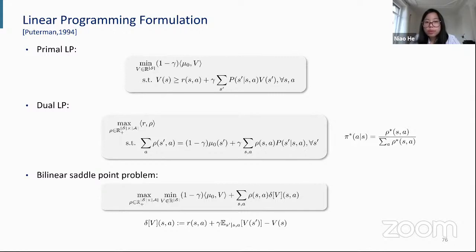The nice thing with the saddle point formulation is that you don't have any constraints, right? You just have this objective here, and you can actually use samples from the policies to construct unbiased estimators for this objective or cost function here.